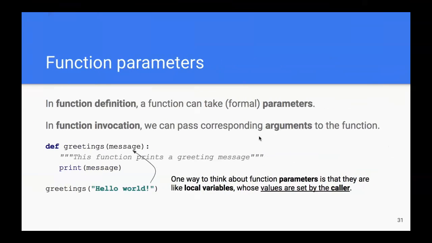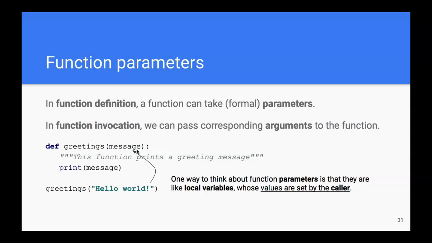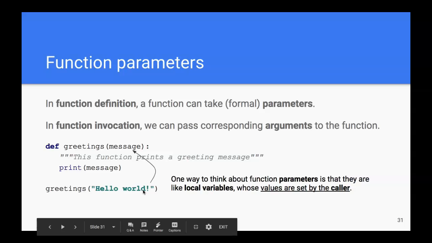One way to think about a parameter is that the parameter, message, is really just like a local variable. And the value of this local variable, this parameter, is set by the caller. In this case, the value for message is hello world.